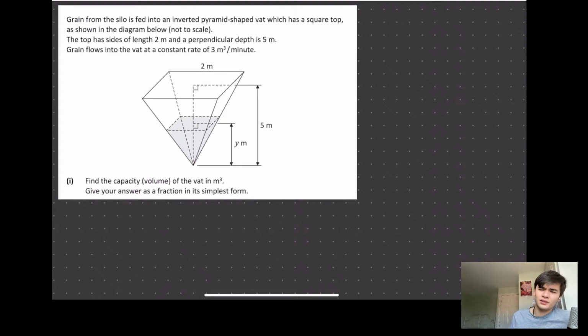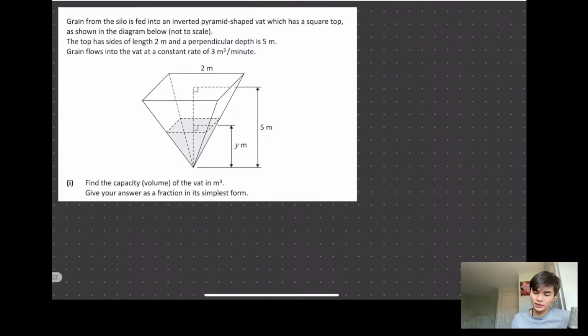So we know that any pyramid is a third of the volume of the full 3D object. So if this is a square-based pyramid, then the full 3D object is going to be that, which is a cuboid.